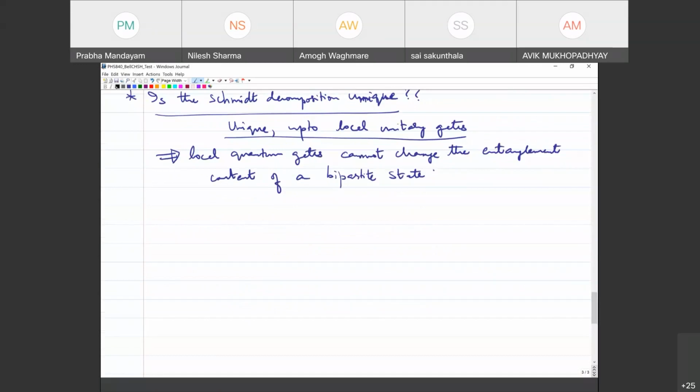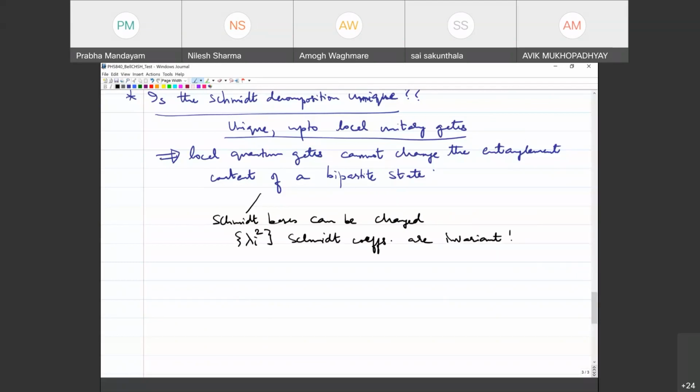So the Schmidt basis can be changed, but your lambda i squared, the Schmidt coefficients, are invariant. And so the Schmidt rank and the entanglement entropy do not change.